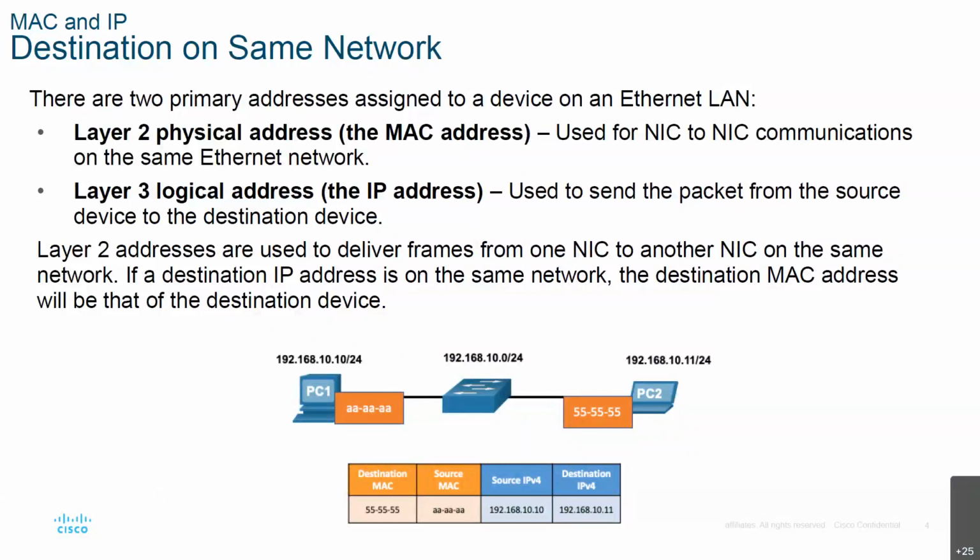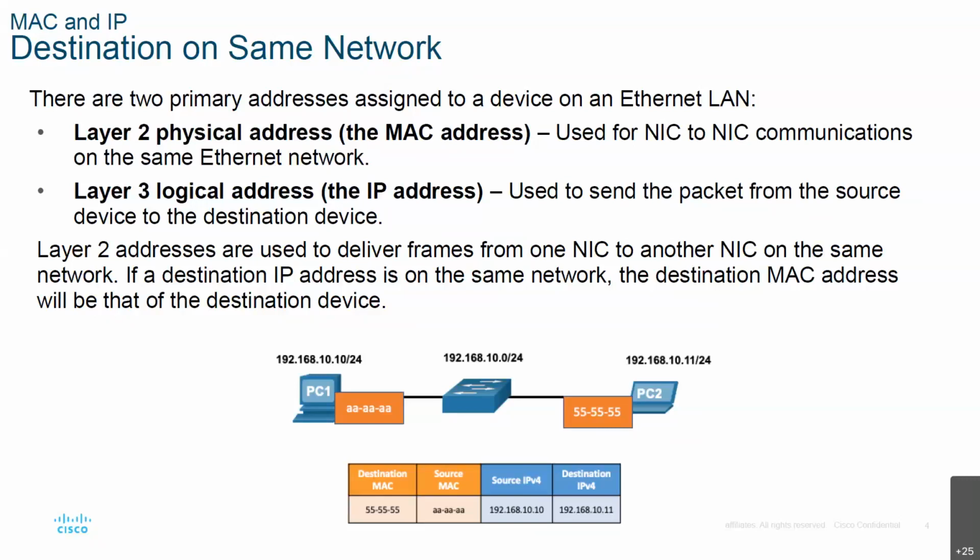We have two primary addresses. Layer 2, the physical address. Remember layer 2, data link layer. That physical address is known as your MAC address. It is used for network interface card to network interface card communication on the same Ethernet network. We also have the network layer, also known as the layer 3 logical address, known as the IP address.